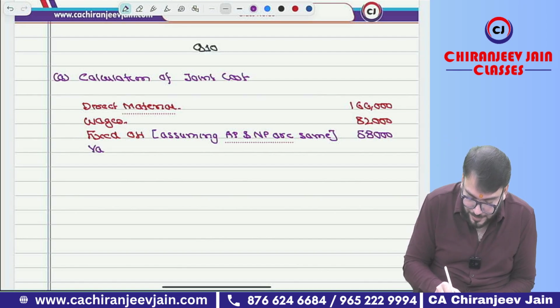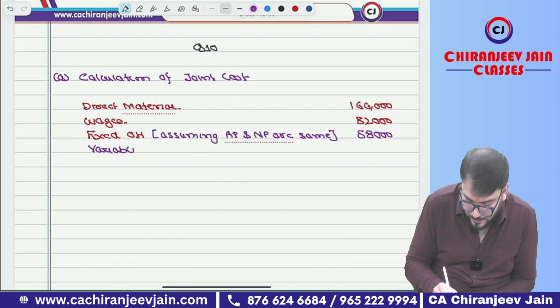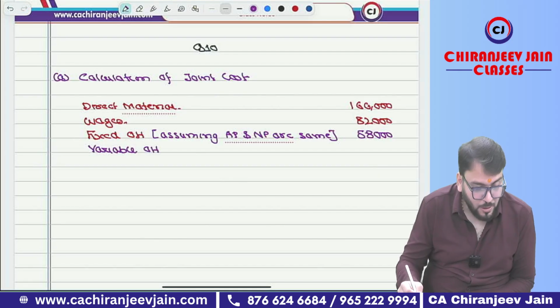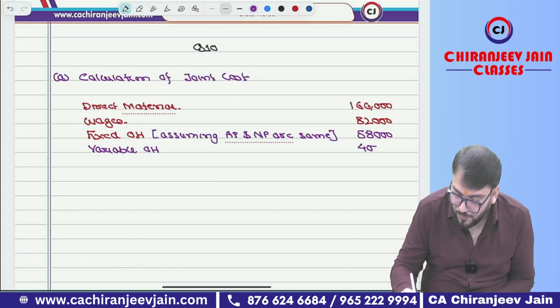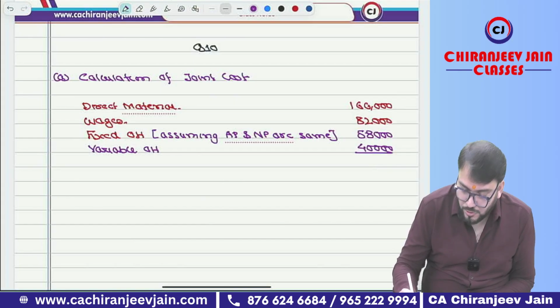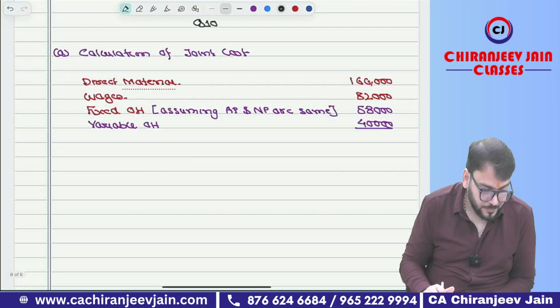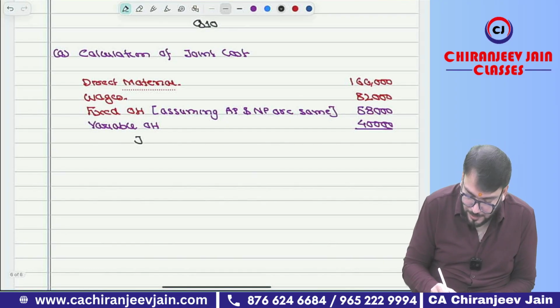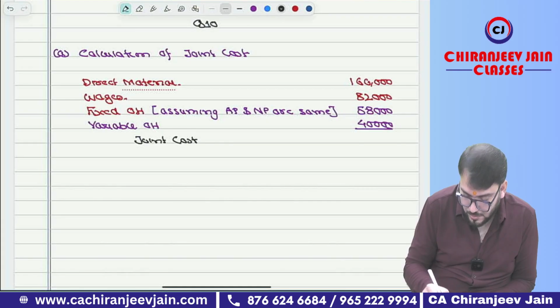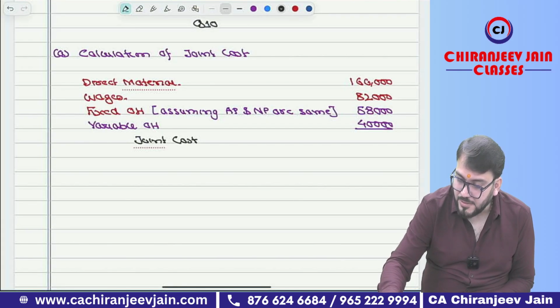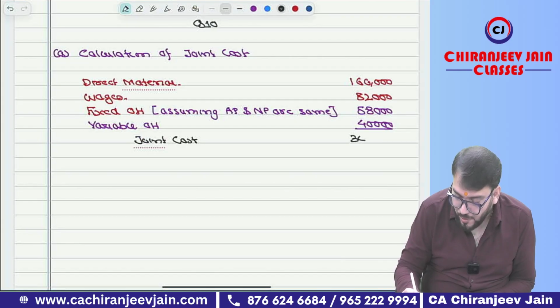Then we'll take variable overhead. Variable overhead will always be the total amount, 40,000. So this becomes the joint cost. How much? 1,60,000 plus 82 plus 58 plus 40. That is 3,40,000.